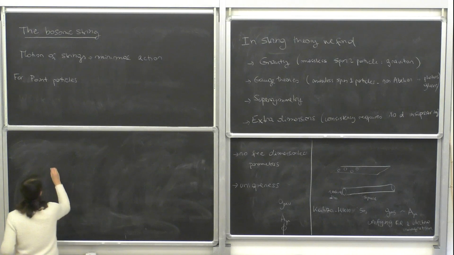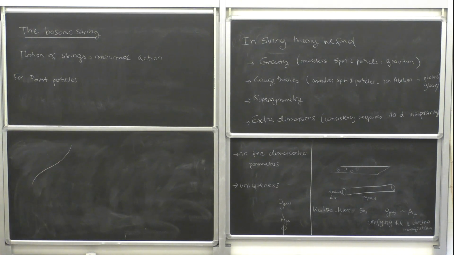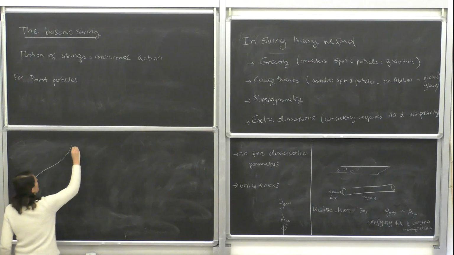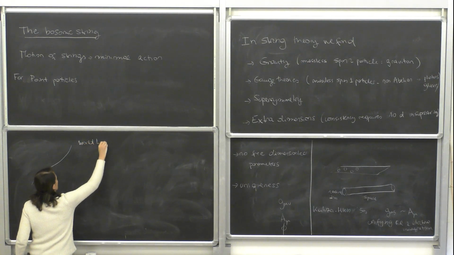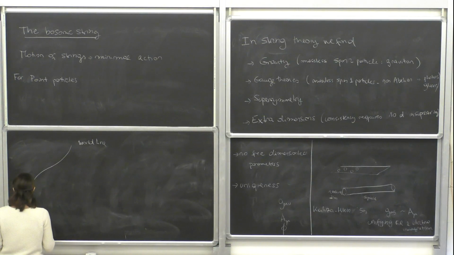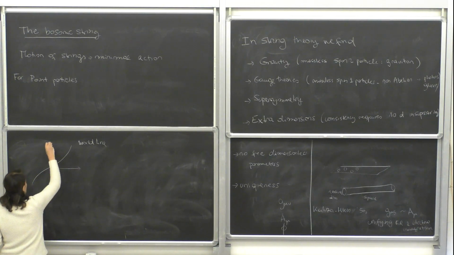So we have a point particle moving in space-time. And this is the worldline. We have some coordinates.